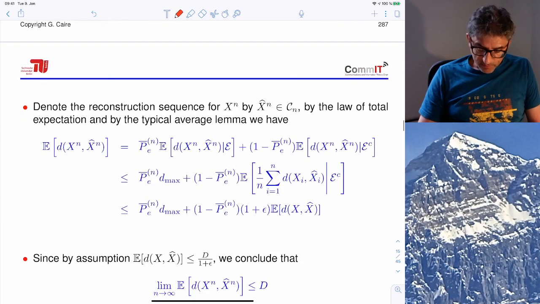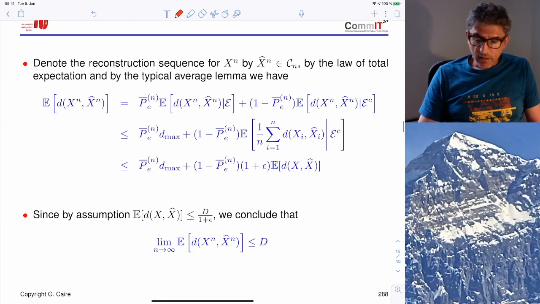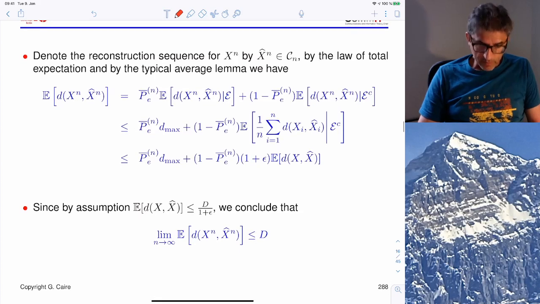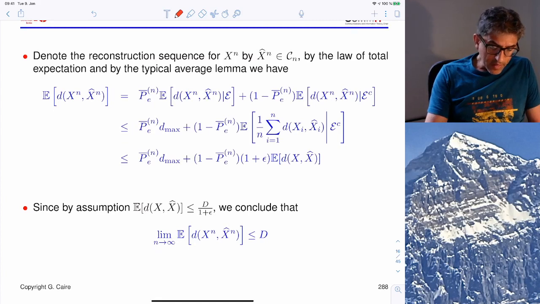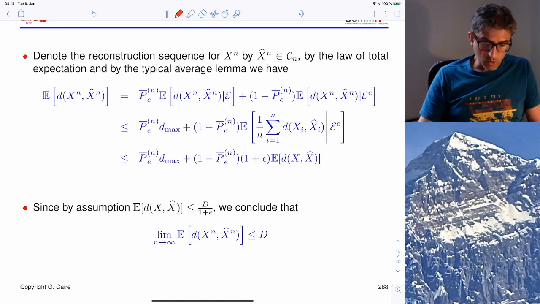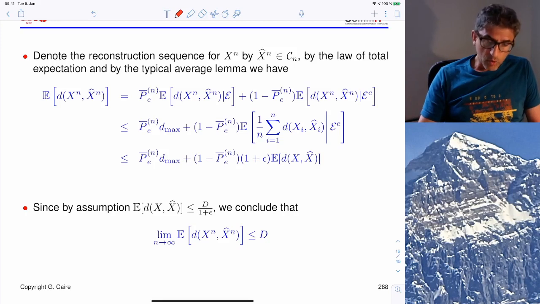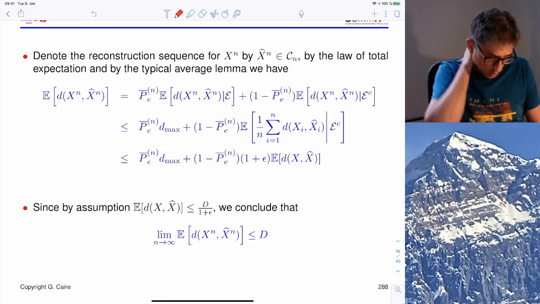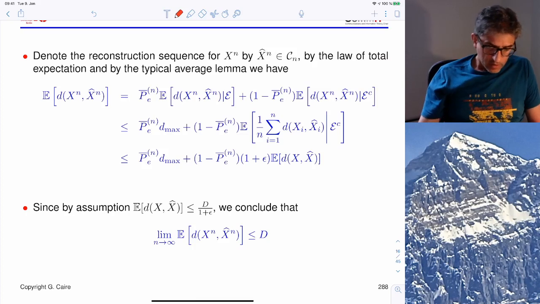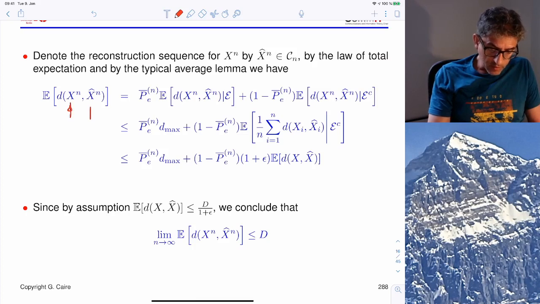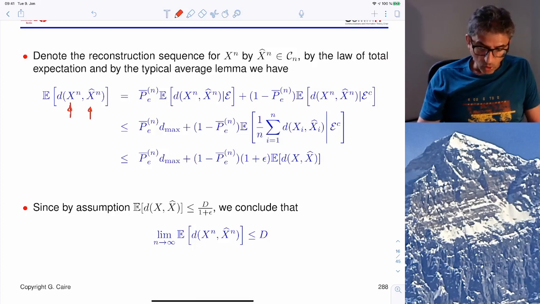At this point, we can analyze the achieved distortion by this scheme. So we consider the ensemble average distortion achieved by this randomly generated codebook with this joint typicality encoder. So this is the expectation of the distortion function applied to the source sequence and the corresponding selected code word.